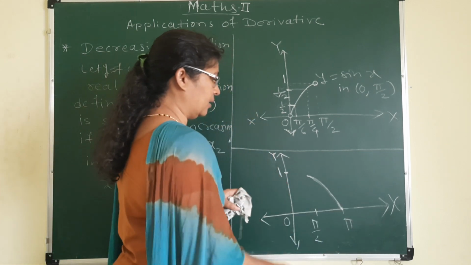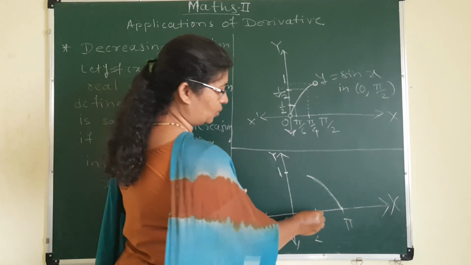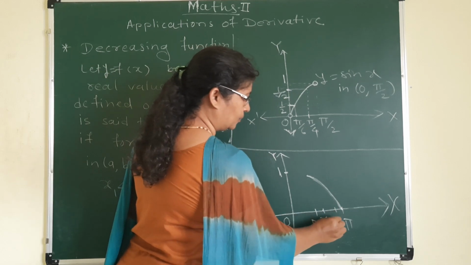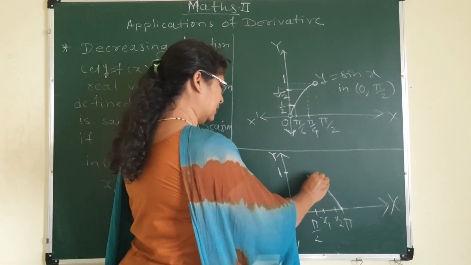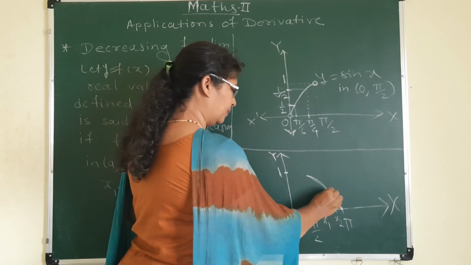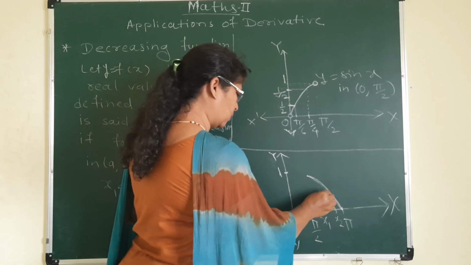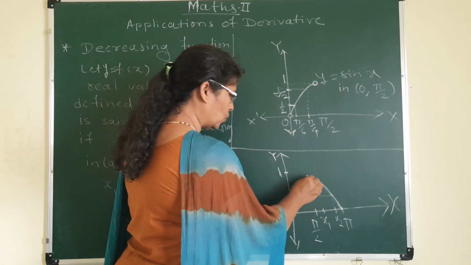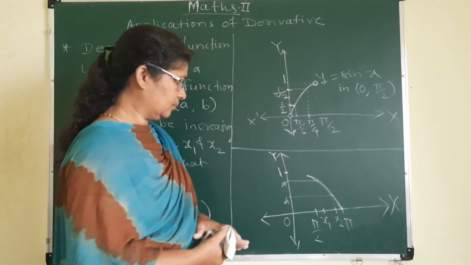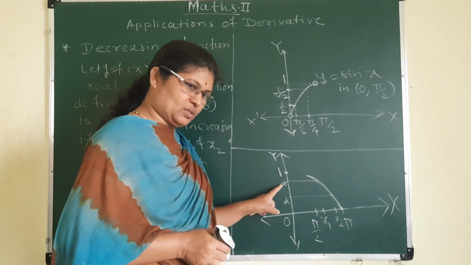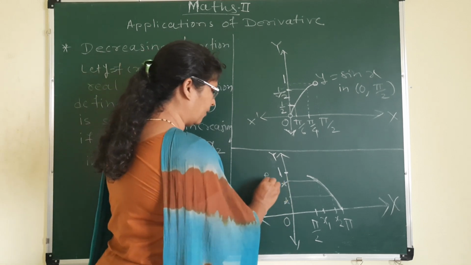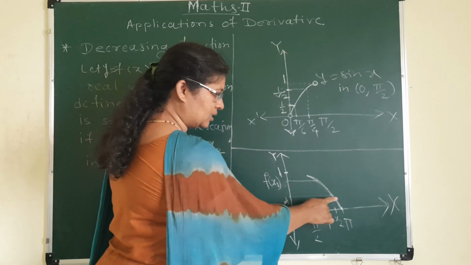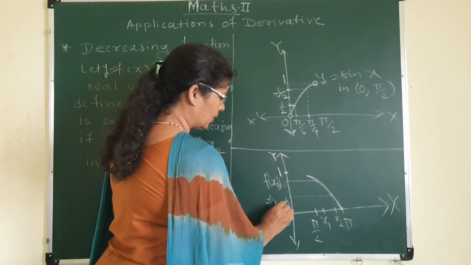As the value of x increases, suppose I consider this point and this point. This is your x1, this is your x2. For x1, your y is here, and for x2, y is here. This is your f of x1 at this point, and at this point your f of x2.